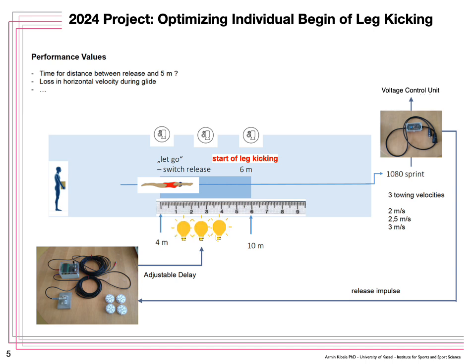Underwater video cameras are used to assess the gliding performance and the leg kicking performance in relation to each subject's initial gliding velocity. By varying the time between the rope release and the start of the leg kicking maneuver, the results of the experiment will show the most favorable individual timing for leg kicking.